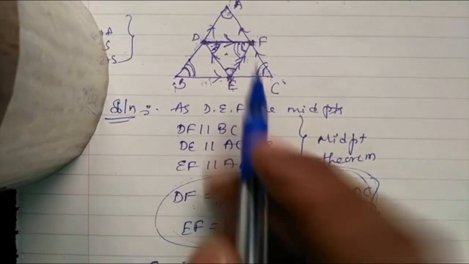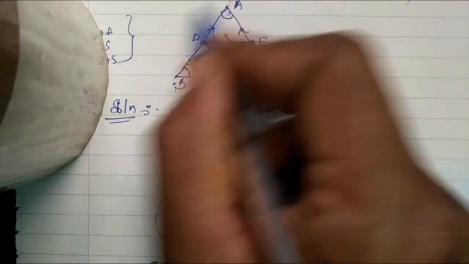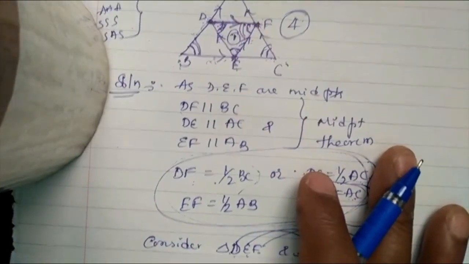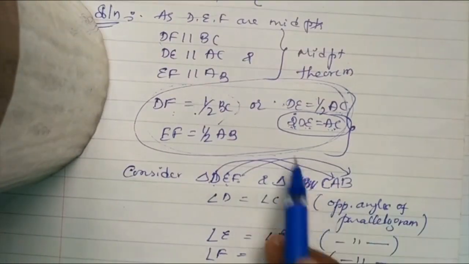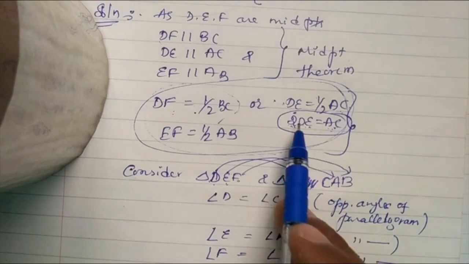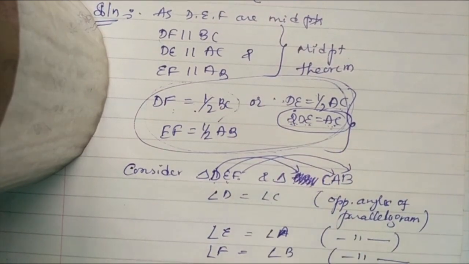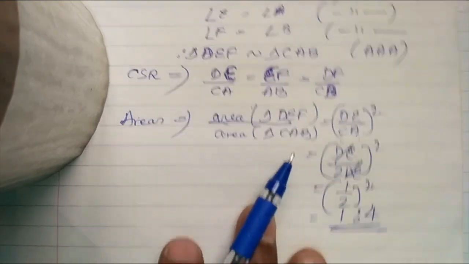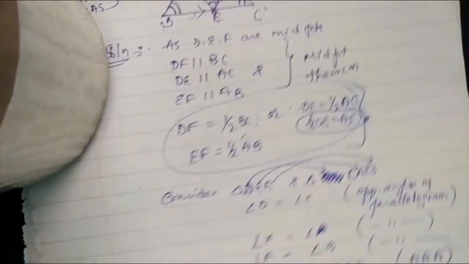Therefore the smaller triangle DEF is 1 part, the bigger triangle is 4 parts. They are 1 is to 4 in their areas, not by the sides. The bigger triangle is double the smaller triangle in size, but in area, the bigger triangle is 4 times the smaller triangle. Let's go for another example.